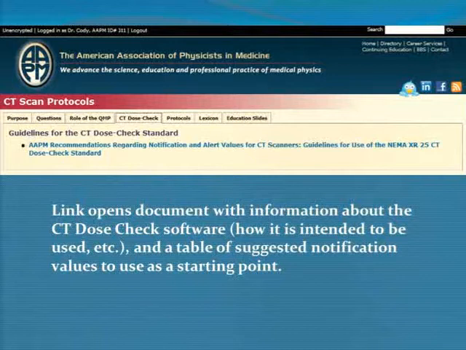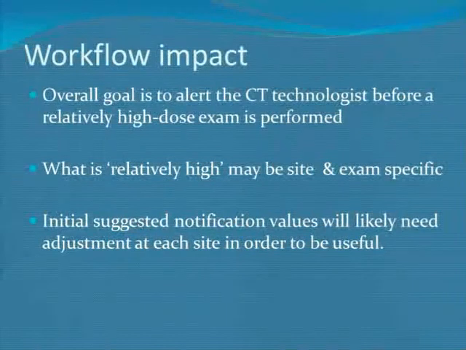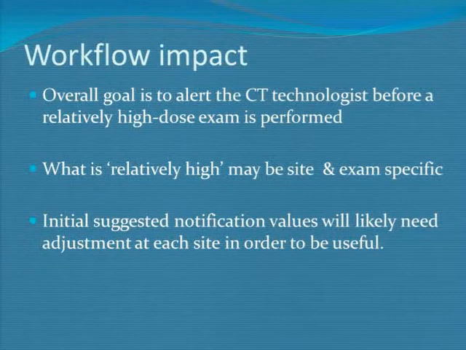So if you keep going, if you hit that tab, you'll get to a screen that looks like this, and there's actually a PDF document with some suggestions on how to set those notification values. So the alert value is preset. You can change it if you want, but as far as I can tell, nobody's really messing with that. But these notification values can be kind of a mystery on how to deal with.